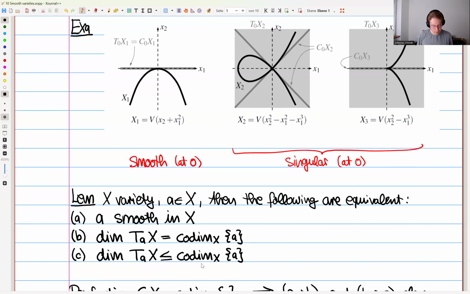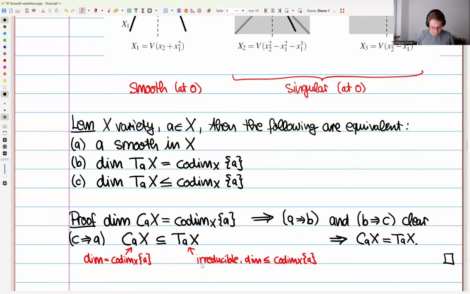Yeah? And this is now a very short proof. Because we have seen that the dimension of this cone of X at the point A is given by this codimension here. And so assume you have A, namely that C_A of X is equal to T_A of X. Then if you apply the dimension at both sides, you have the dimension of T_A of X is the dimension of C_A of X, which is equal to the codimension.